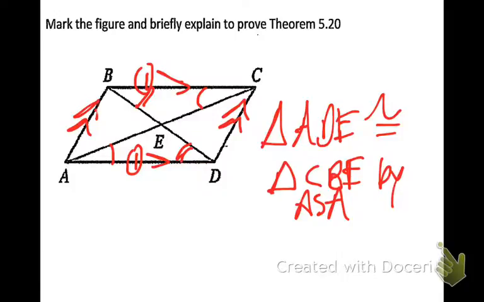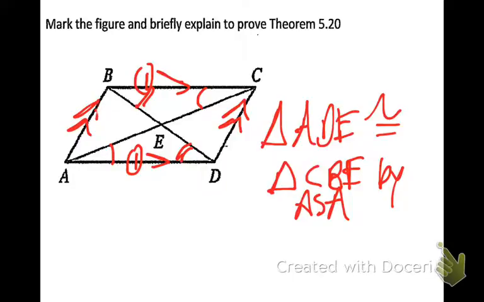And then how can I show that the diagonals bisect each other? What would I use to say that, Brennan? AE is congruent to CE by corresponding parts.